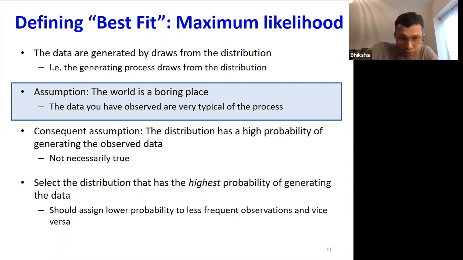We're going to select, of all possible distributions, the one that has the highest probability of generating the data. Of all the distributions in the world, for which distribution are these observations most typical? Which distribution makes my observation the most boring observation possible? That's the one that we actually choose. It's based on the world is a boring place principle.